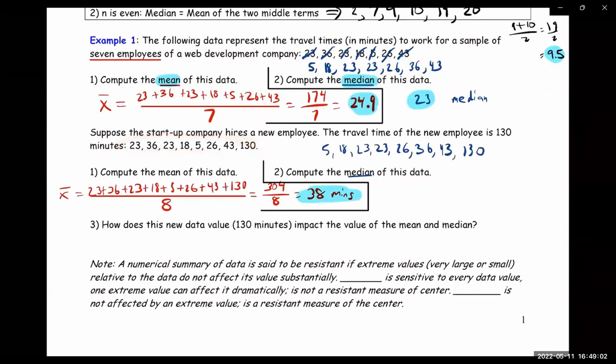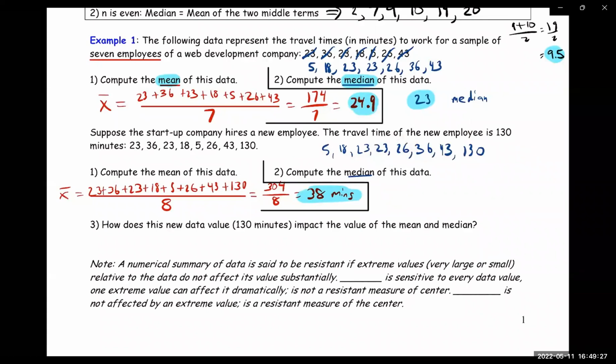So now we have to take the 2 middle ones. So which 2 would be right in the middle? I think it's going to be these 2, because you have 3 to the right and 3 to the left. That means that those 2 are the middle ones. So you have to take the mean of those 2. So you have to add them and divide by 2.